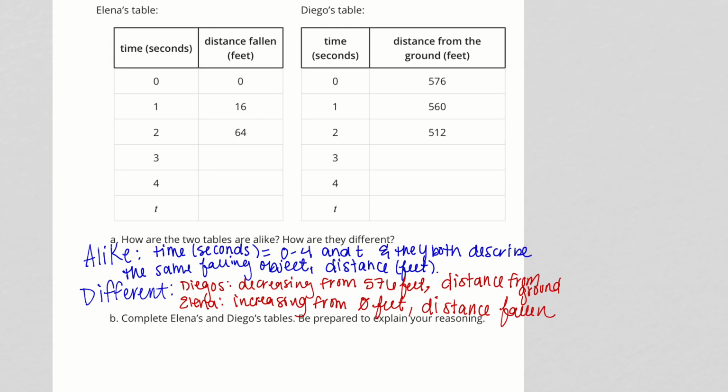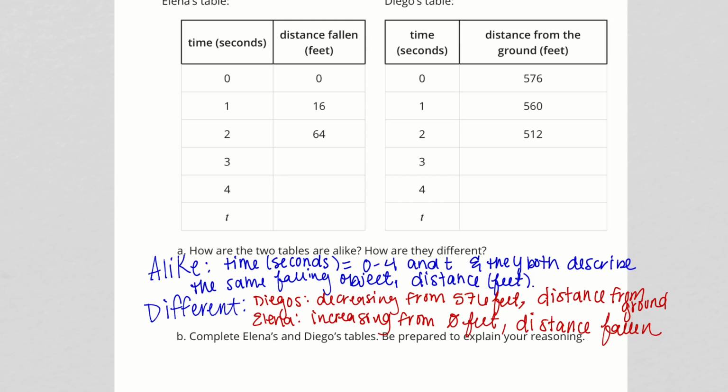So for Alina's table, we're increasing, and what do you guys think our pattern is here? I don't even know. The same for one. So it would be increasing by 4 for the first one. So it's 16 being multiplied by the square of our times, right? So 16 times 1 squared, 16 times 2 squared, right?